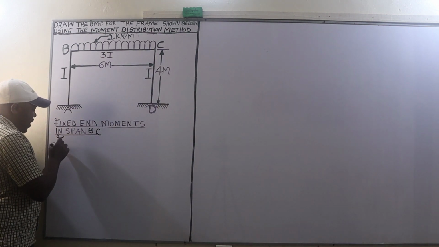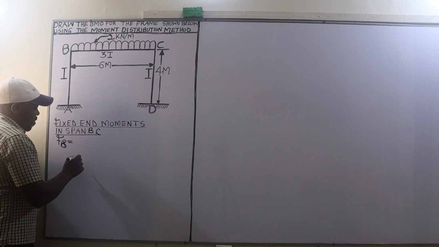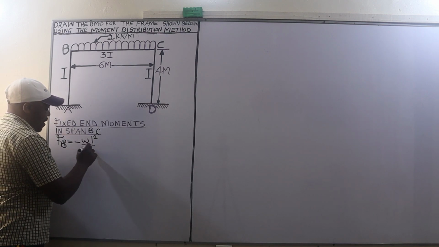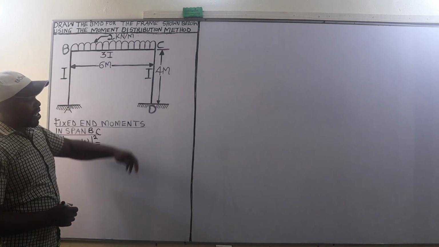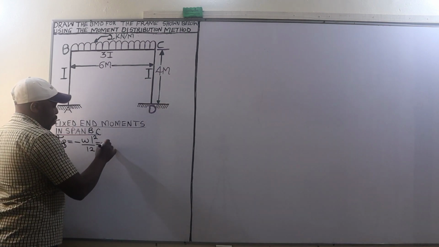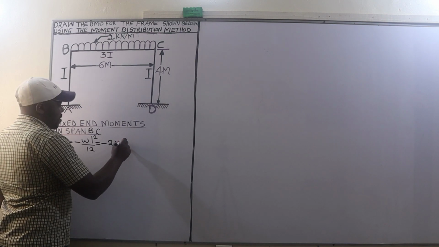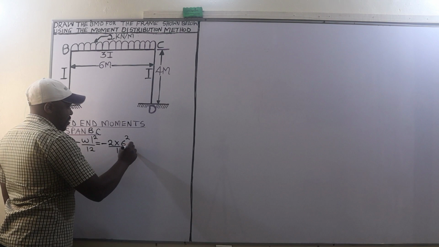Therefore, the fixed end moment at B, this joint here, will be given by negative WL squared divided by 12, since the beam is carrying a uniformly distributed load, so that is the formula. And this will be negative 2 multiplied by the span, which is 6 squared, and then we divide this by 12.